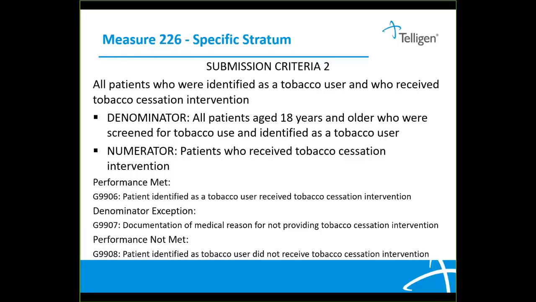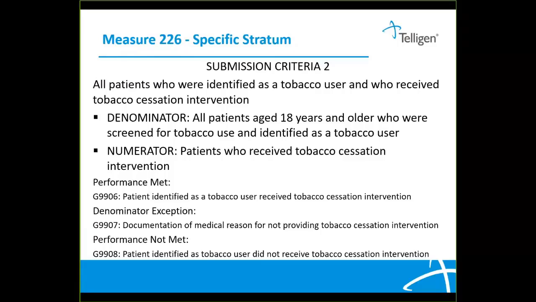So you're going to bill not only the first one of G9902 that they were screened and they're a user, also G9906, and you're not done yet. So this shows if a performance wasn't met, you'd add in G9908 there as well.